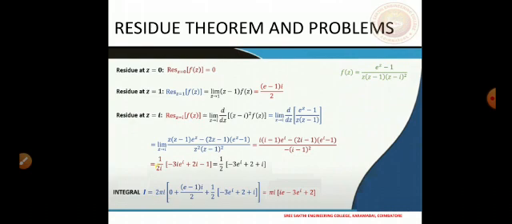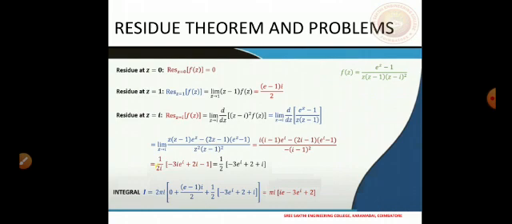We have to evaluate, and this we have evaluated before also, so it was (e minus 1) i by 2. This calculation says z equal to i, we know it is a pole of order 2, and then we have to take the derivative once of z minus i squared times f of z.